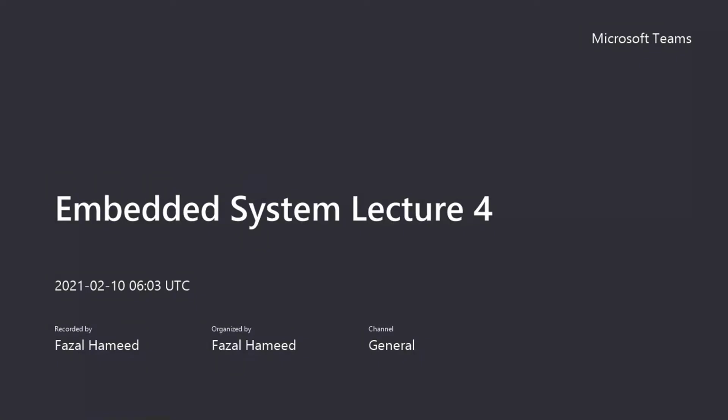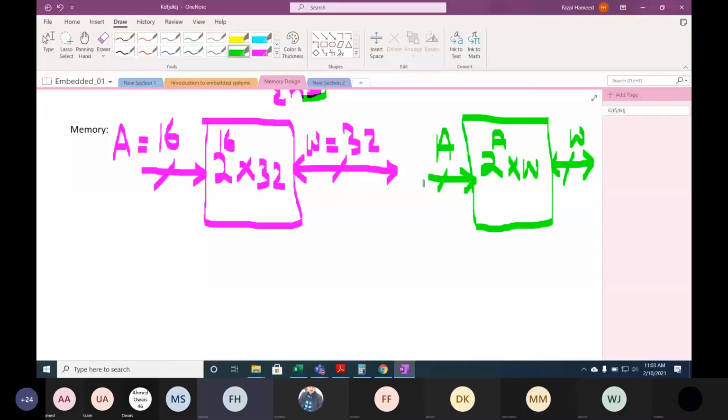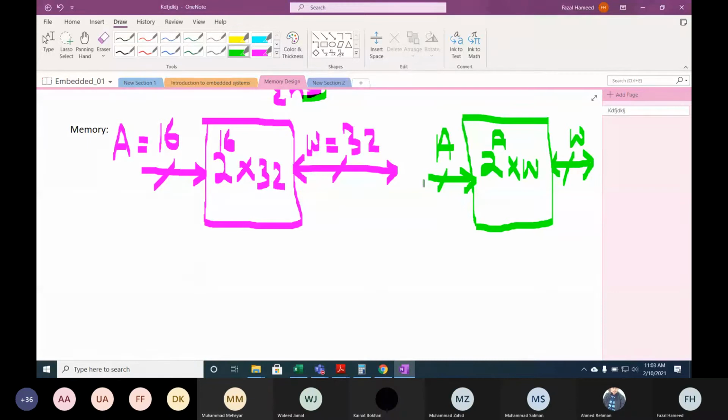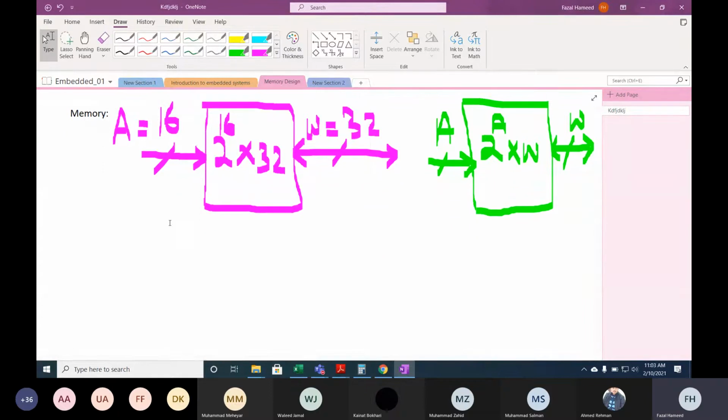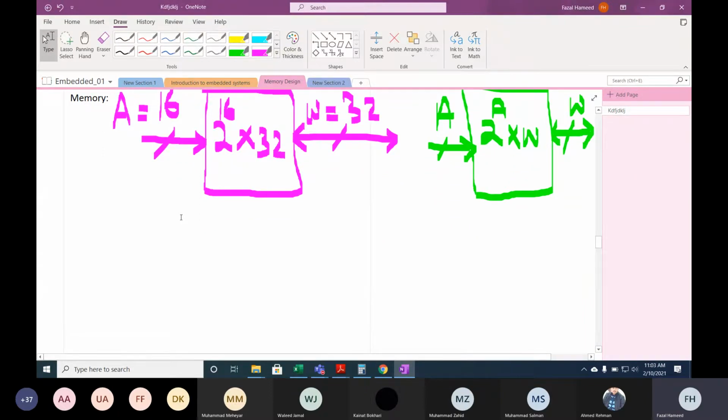Lines and W data lines. Am I right or not? Yes, sir. A address lines and data lines. Okay, so now I will recap a little bit. A memory has A address lines. Is the address line single directional or bi-directional?